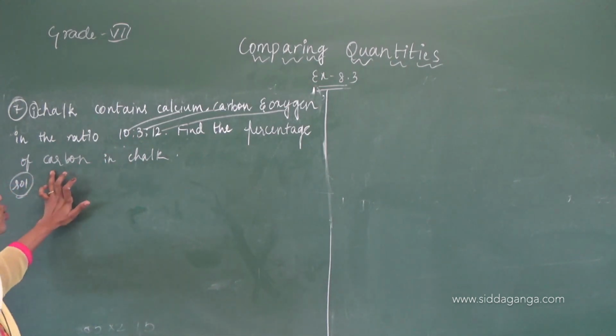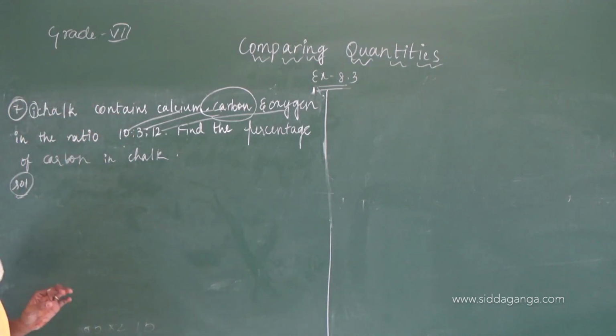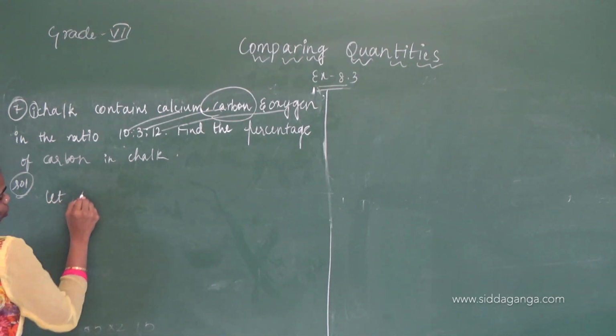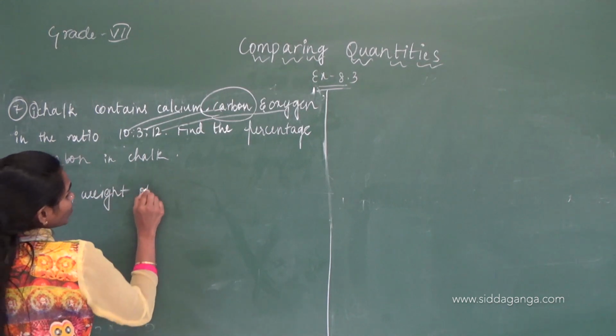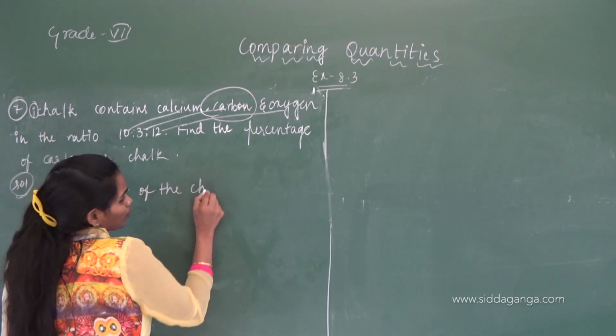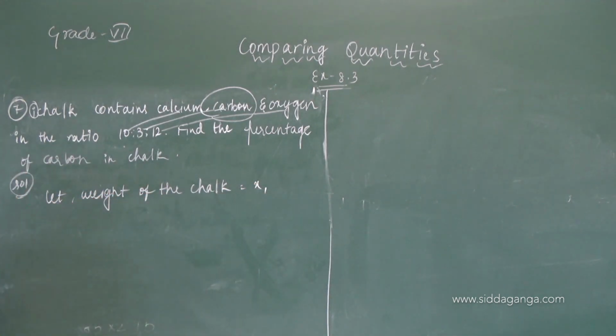They are asking us to find only carbon. Carbon, that means 3. First we have to write, we don't know the weight of the chalk, correct? Let the weight of the chalk be X.